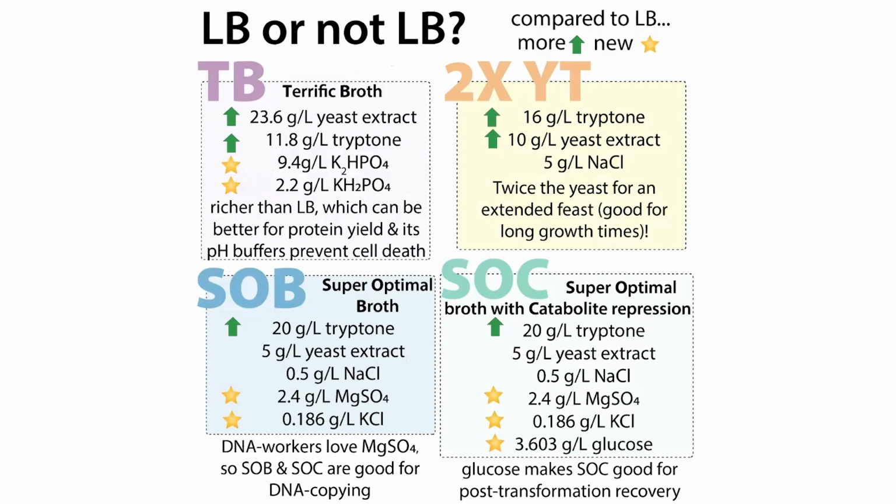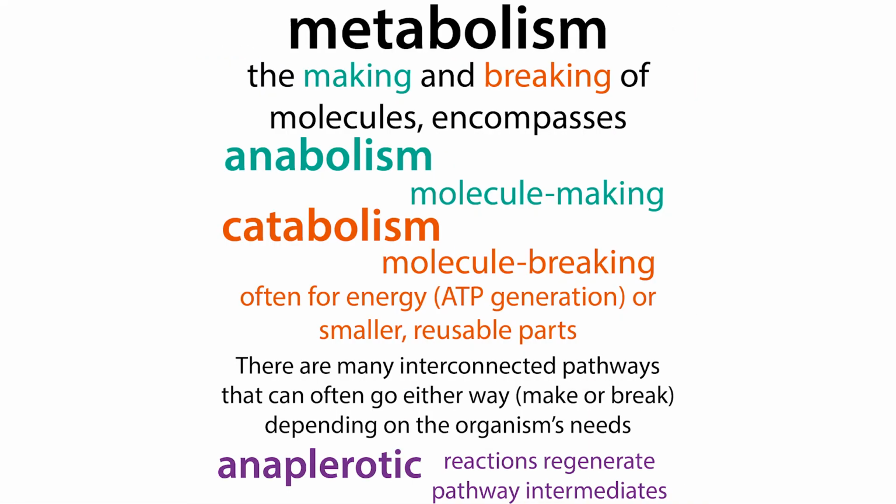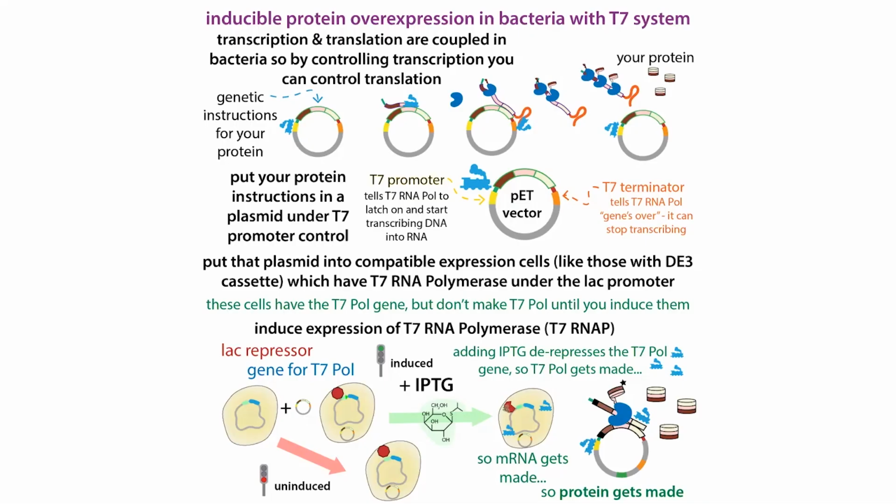In terms of the name, SOC stands for Super Optimal Broth with catabolite repression. So catabolism is basically the breakdown of molecules. And a catabolite is a molecule that is formed as an intermediary or an end product of a breakdown process. When bacteria break down some energy sources, you get the buildup of various catabolites that can actually inhibit the bacteria from growing more, from copying more.